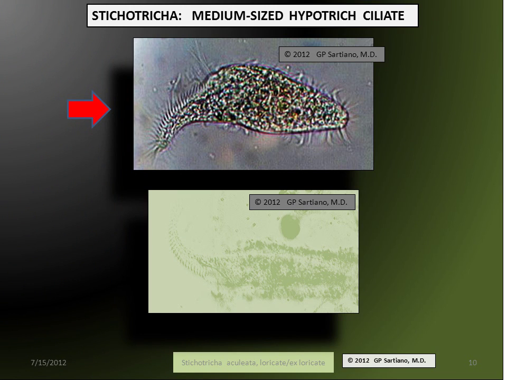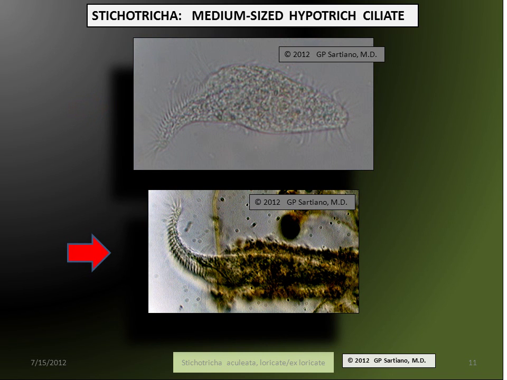The organism depicted here was housed in a lorica, but did exit from its sheath and swim freely. The Stichotricha seen here in the lower photomicrograph is in a typical loricate position, partially extended from its lorica.